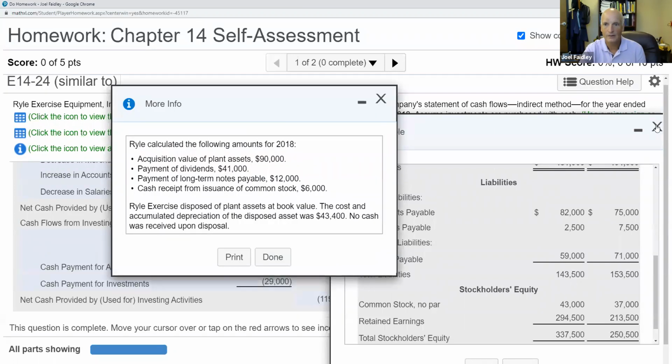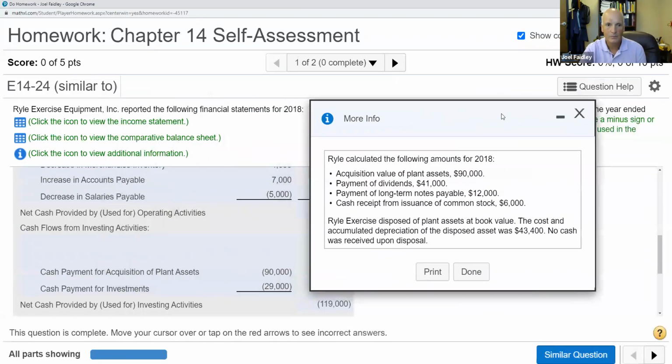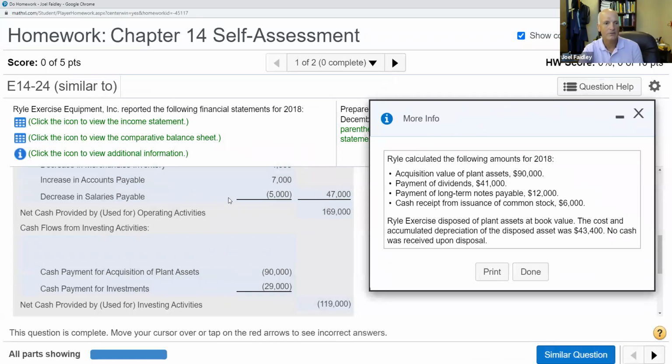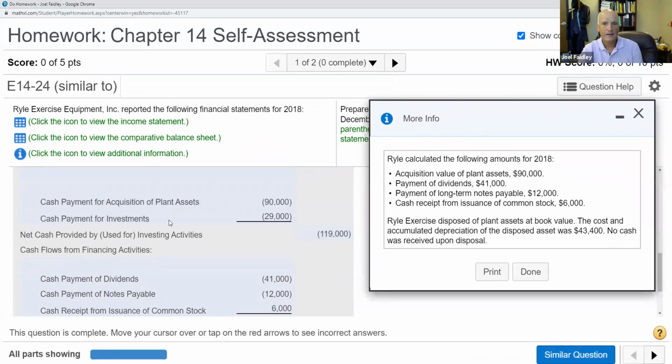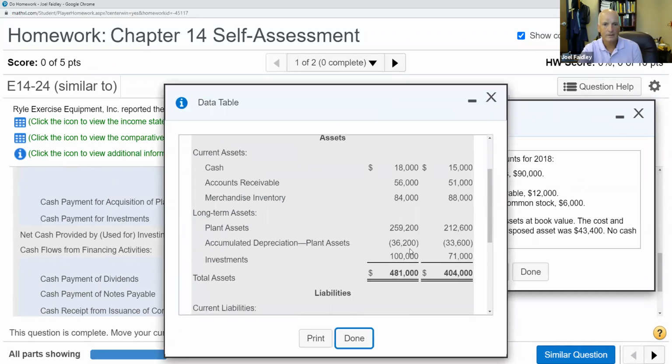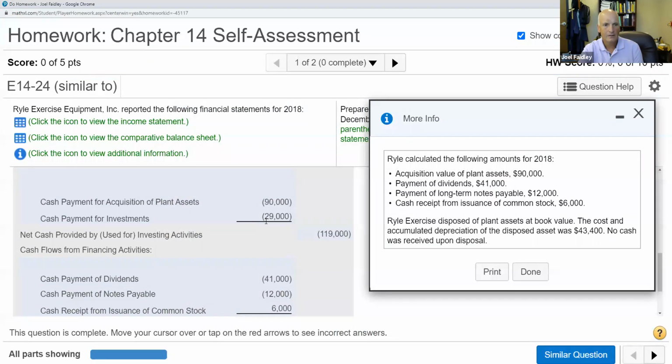So let me get rid of that over there, pull that over so we can go down the page here. Cash payment for investments. Maybe I need to look at that one though. 29,000. So 71,000 is my beginning balance of investments. Ended up at 100,000. So there's my 29. Nothing going on there, right? So that's got to be cash.